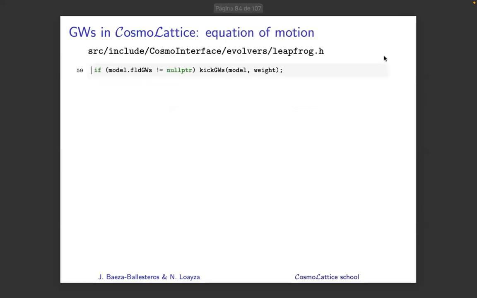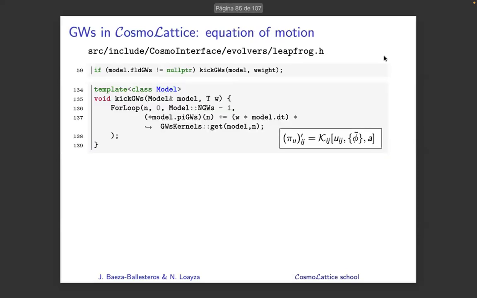Okay. So now let's just dig a little bit into the code, and we can see that, for example, in order to evolve the gravitational wave equation, or actually the U fields equation, it follows a very similar manner to what was explained.